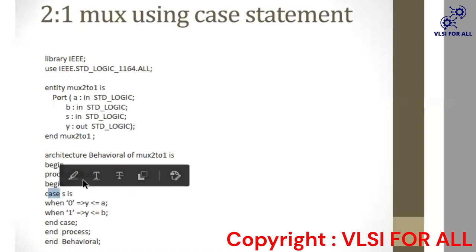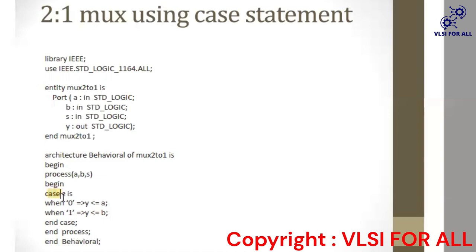Our case is s, and when s is 0, the output will be y equal to a, and when s is 1, the output is y equal to b. You can see here, and after that we will end the case statement. The case statement was opened last, so it will be closed first.